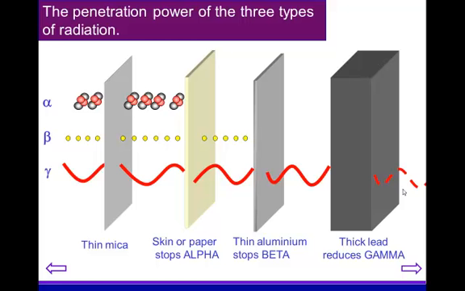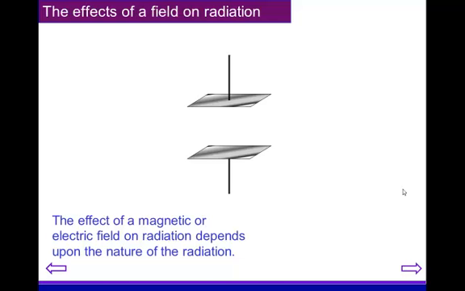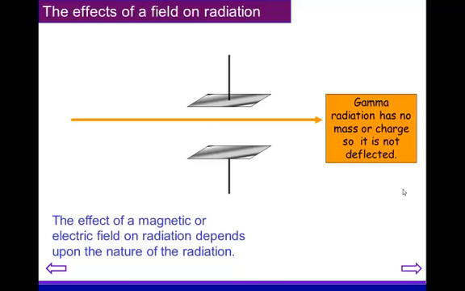Not only do they have different penetrating powers, they're also affected by magnetic fields in different ways. The effect on a magnetic or electric field of radiation depends on the type of radiation. For instance, gamma radiation has no charge and no mass, so it's not deflected in any way and has no impact.